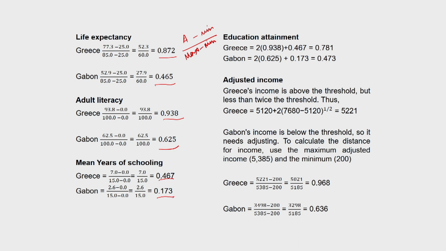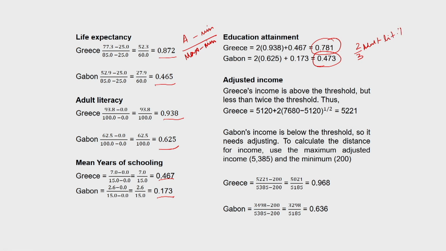Now since the education dimension contained two indicators here, adult literacy and mean years of schooling, the educational attainment index was calculated by giving a 2/3 weight to adult literacy rate and a 1/3 weight to the mean years of schooling, which ultimately came out to be 0.781 for Greece and 0.473 for Gabon.